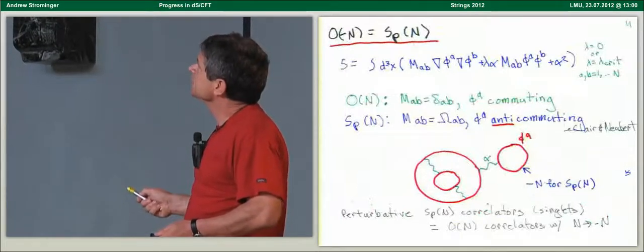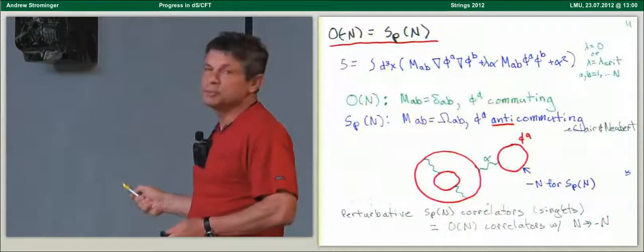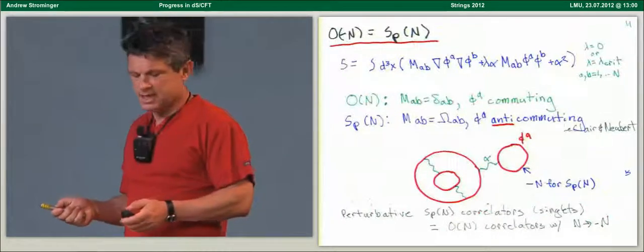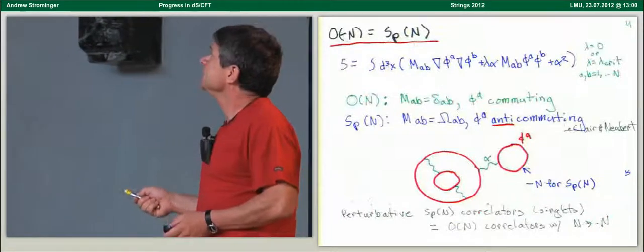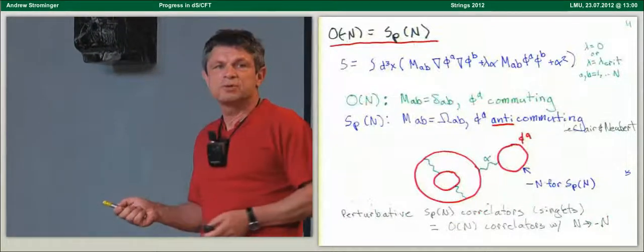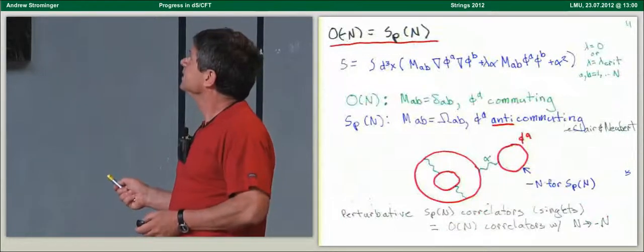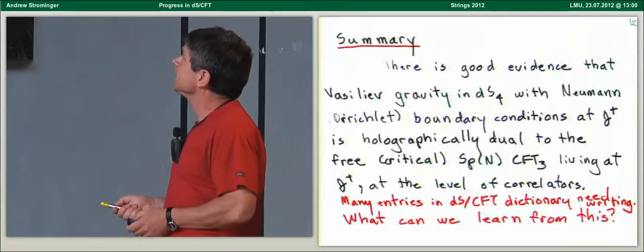And if you work it through, there's a simple diagrammatic explanation that every time you get a loop with a factor of N, the anti-commuting bosons give you a minus sign. And so the Sp(N) correlators for singlets are equal to the O(N) ones with N replaced by minus N. This was discussed some time ago in a completely different context by Leclerc and Neubert.